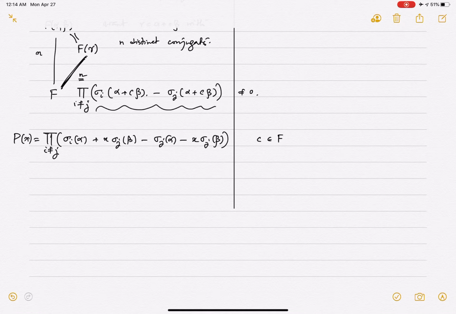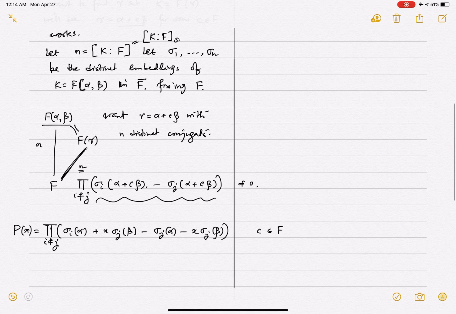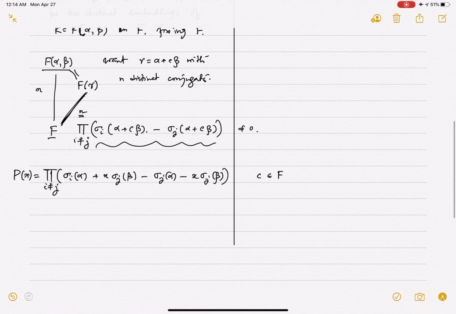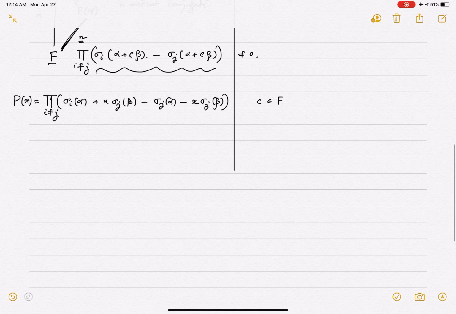You see, sigma i, sigma j, these are embeddings of F(alpha, beta) fixing F, so they don't touch c. So when you take sigma i of this, it's just sigma i alpha plus c sigma i beta, etc. So you want this polynomial to be non-zero for some element of F. But that would be true as long as this is a non-zero polynomial, because this field is infinite.